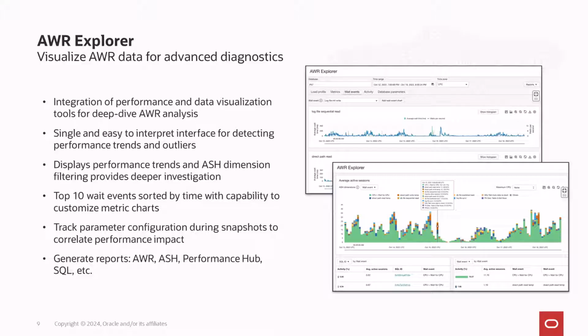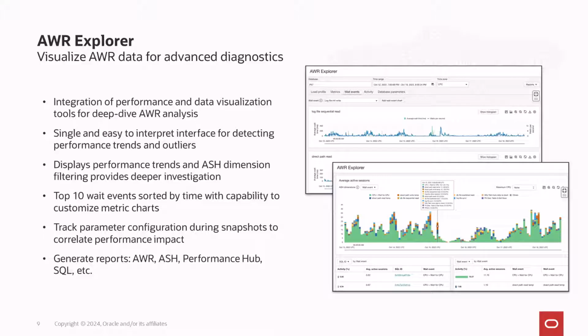Enhanced deep dive capabilities. With access to hundreds of performance statistics and wait events, AWR Explorer provides much deeper insights, helping to uncover hidden performance issues. And we have detailed wait event statistics. DBAs can review specific wait events along with their histograms, gaining better insights into wait-related performance bottlenecks.